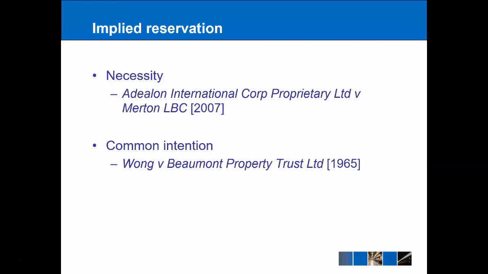On the other hand, we have the case of Wong and Beaumont Property Trust Limited. Here there was a case involving a Chinese restaurant, and there obviously needed to be filters and things to reduce the smell in the area, and it was necessary in that situation for access to the landlord's property. And there was a question about, well, this wasn't specifically written into the agreement.